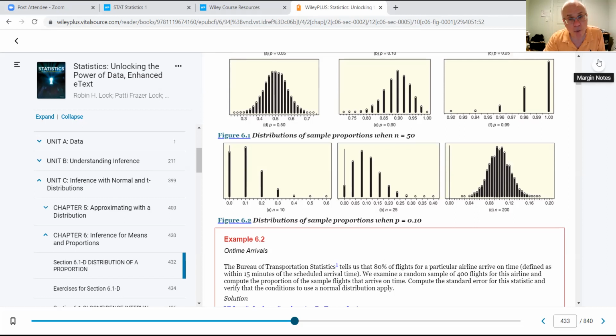First assumption, the one we always use, is that the sample was acquired randomly. We randomly sampled the population. We have a random sample. We always have to state that. That's always one of the assumptions. The second assumption is that n times p and n times 1 minus p both have to be greater than or equal to 10. Those are the two assumptions, all right?